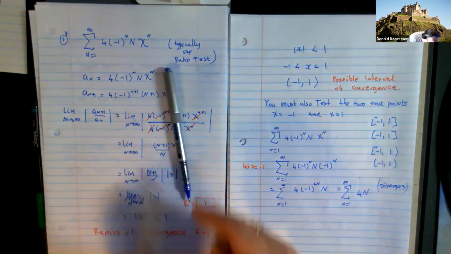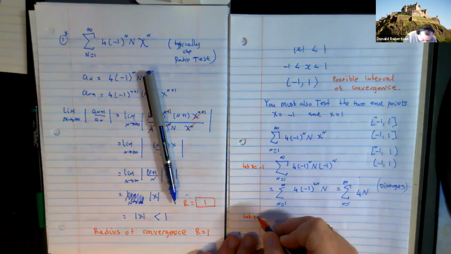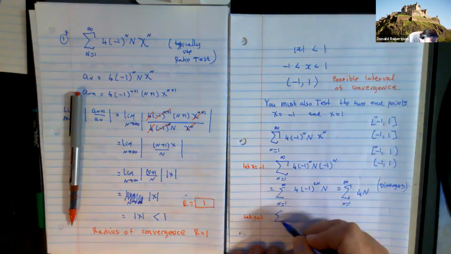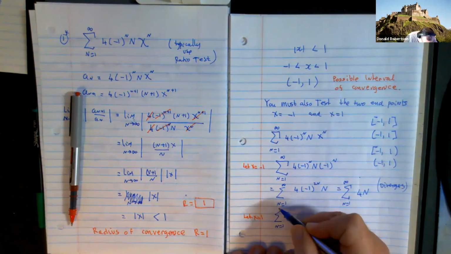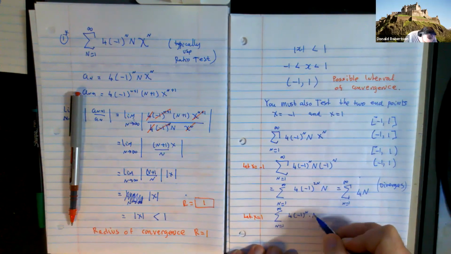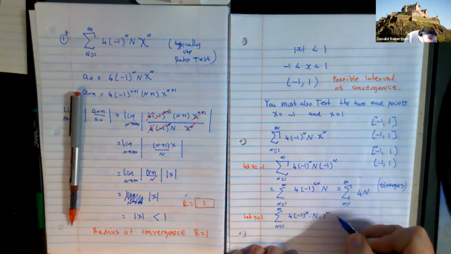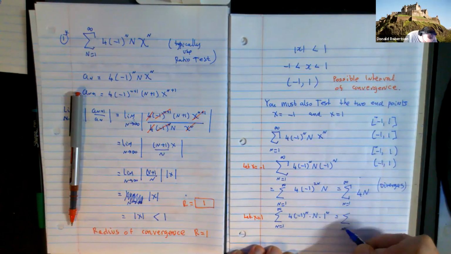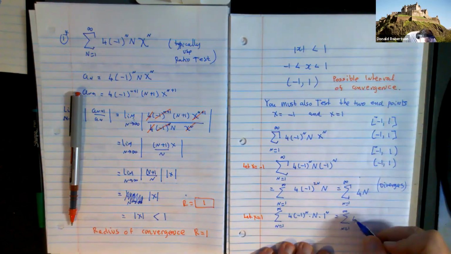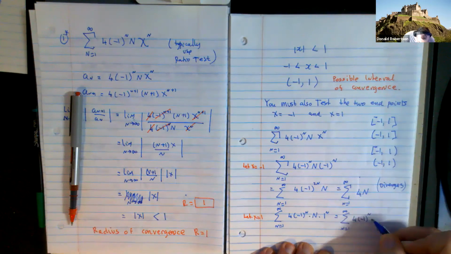So we'll try x equals 1 then, the other endpoint. And in this case, the sum from n equals 1 to infinity of 4, (-1) to the n, 1 to the n. Well, 1 to the power of n is still 1, so what you're looking at is this guy.